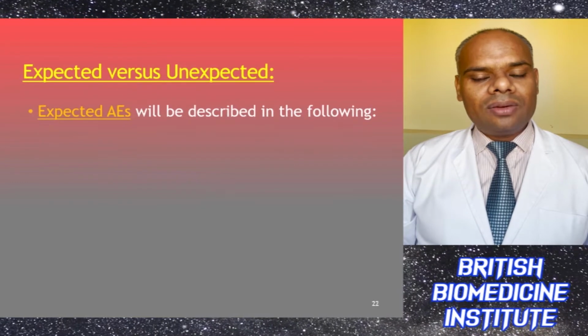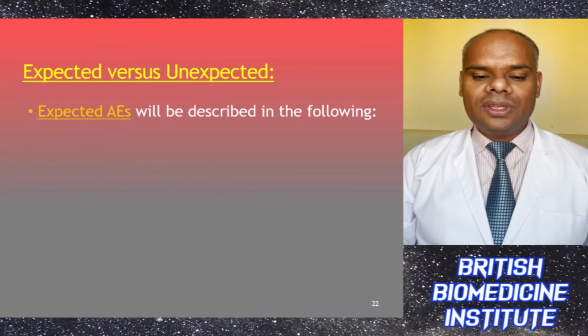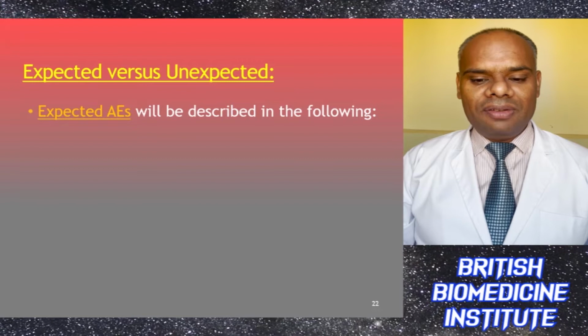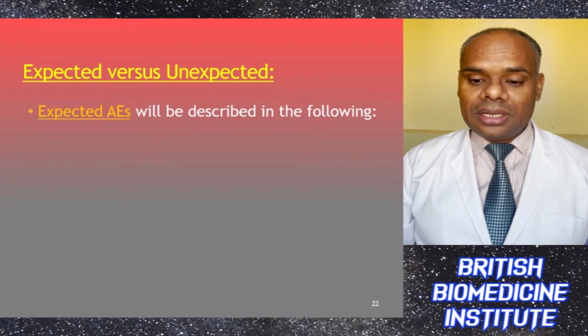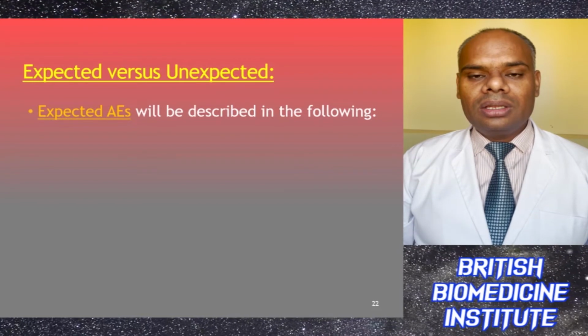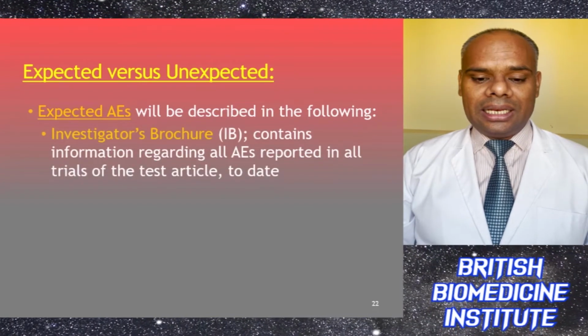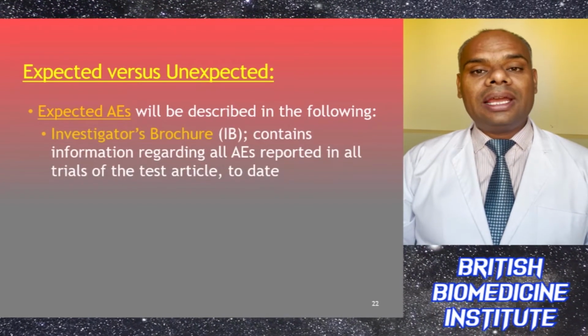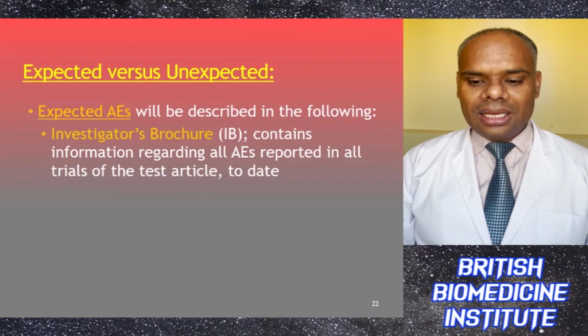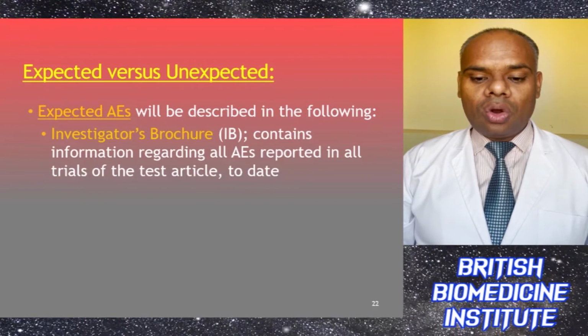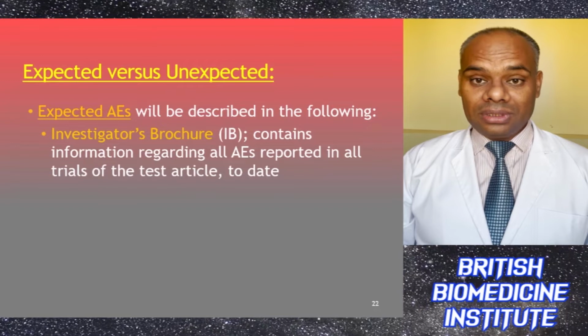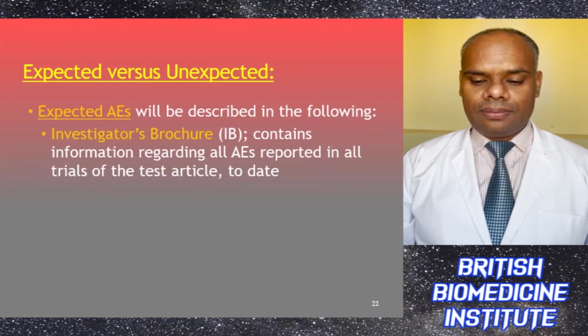So expected versus unexpected. Expected adverse events will be described in sources like your investigator brochure, IB. It contains information regarding all the SAEs which are reported in all the trials of the test article till date.